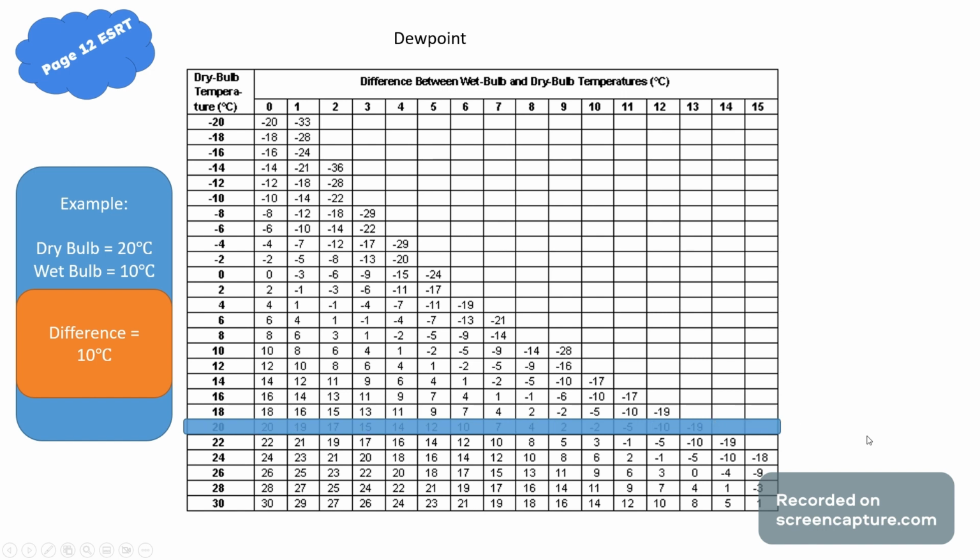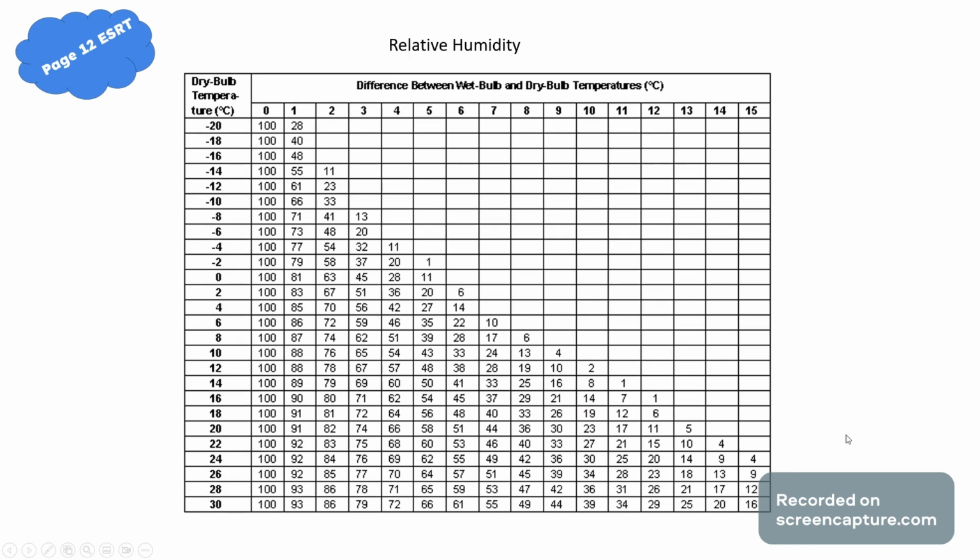To find out exactly where, we take our difference, our 10 column, and then where they meet up is our dew point at -2 degrees Celsius. So when our air temperature, 20 degrees Celsius in the example, cools to this number, -2 degrees Celsius, that's when condensation will occur. Water vapor in the air will turn into liquid.